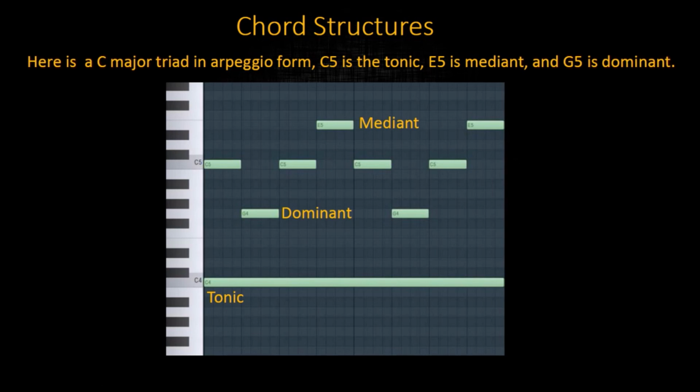It's broken down, and this is going to be very common in the music that we create. It's going to have a lot of broken notes, so to speak. And then we have our sustaining tonic note really being the bass or the notes that hold the entire structure together.